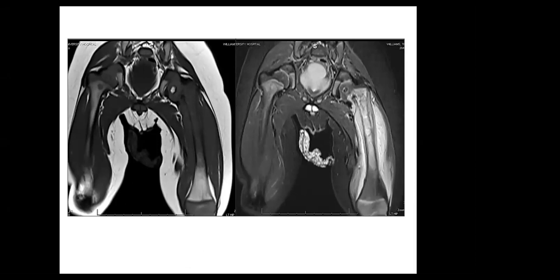Abnormal signal intensity involves the left hip, and foci of abnormal signal intensity in the femoral head and the femoral bone with edema.